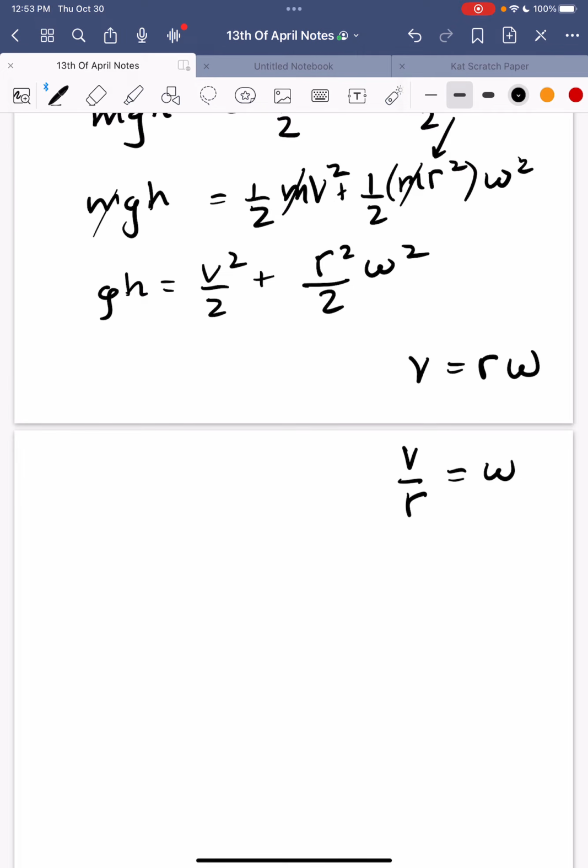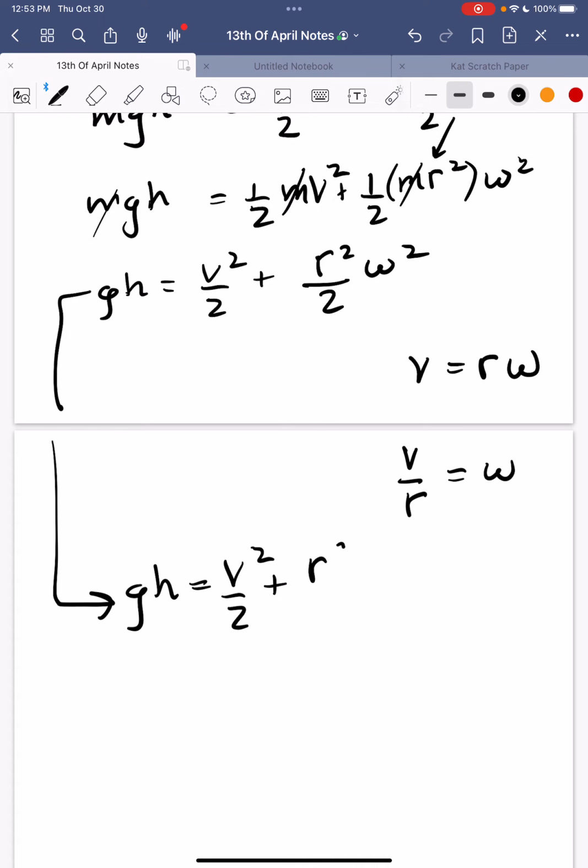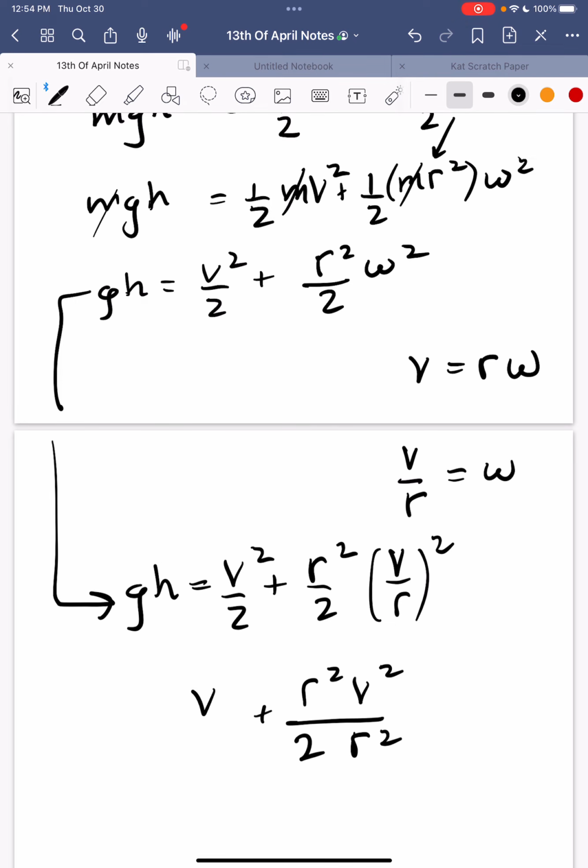So now I'm going to take this line down here and rewrite it as g times h equals v squared over 2 plus r squared over 2 times omega squared. And omega squared is going to be v over r quantity squared. So then I get r squared v squared all over 2r squared plus v squared over 2 equals g times h.